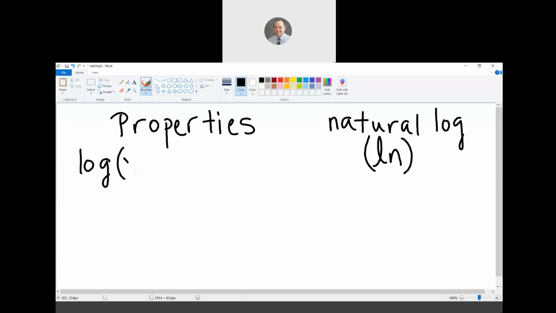If you have the log of a product, then the way you can expand it out is addition. So log of x plus log of y. And by the way, if there is no base given, it's understood to be base 10, like your calculator is programmed to be.